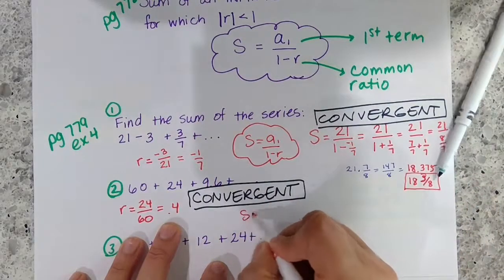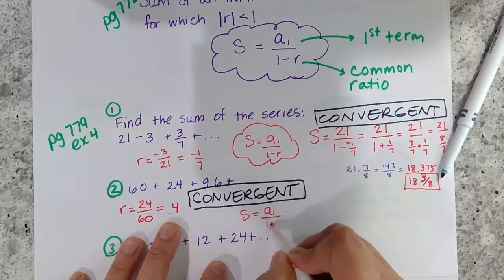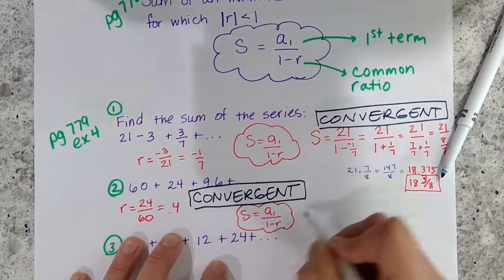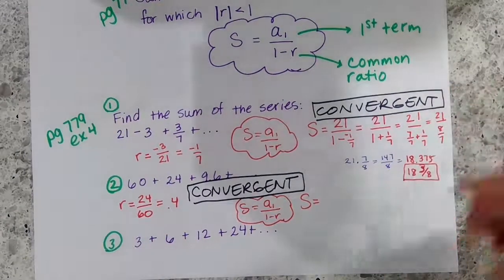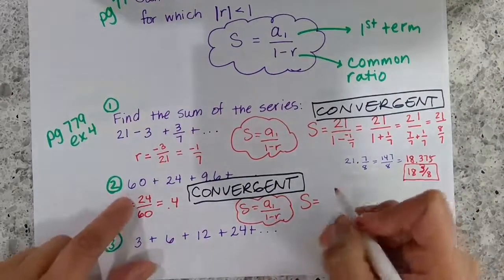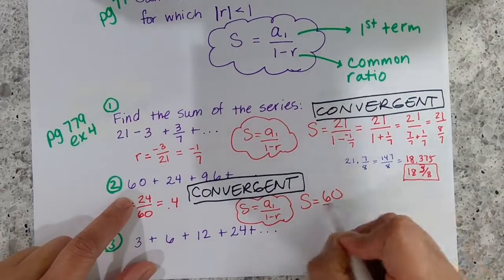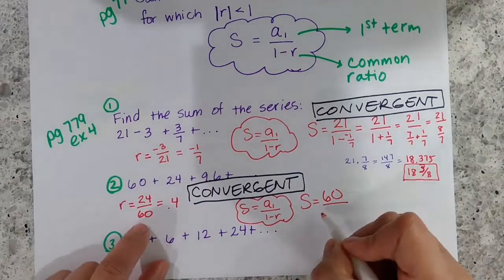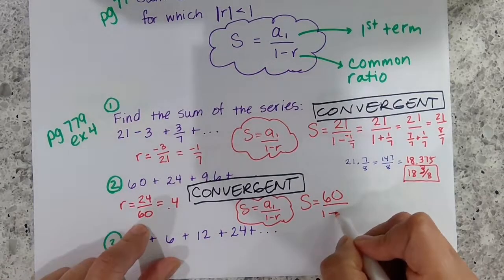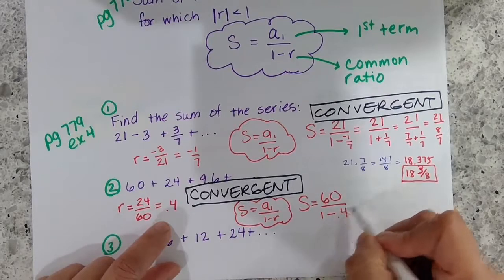Formula is, so the sum of the infinite series is your first term, 60. Yeah, and this formula is a lot nicer than the other formula. Divided by 1 minus 0.4.